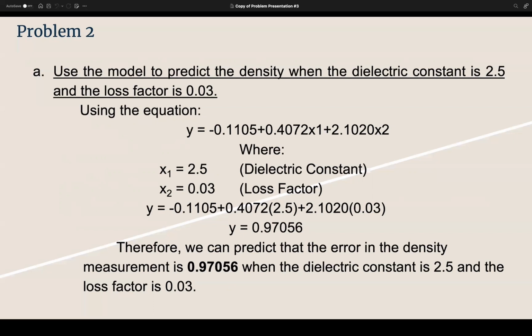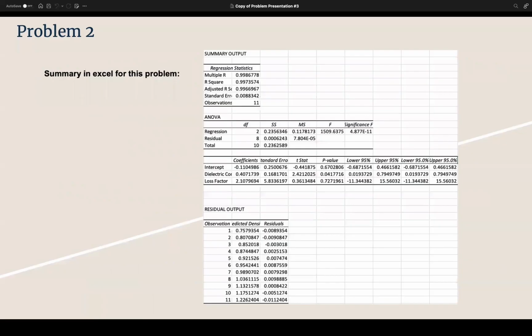Therefore, we can predict that the error in the density measurement is 0.97056 when the dielectric constant is 2.5 and the loss factor is 0.03, provided that the multiple linear regression model is correct. So here's a summary of the Excel output data analysis for this problem. And that would be all for our problem. Thank you.